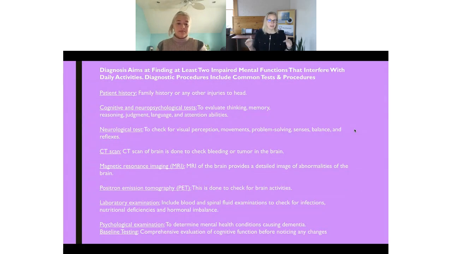And so your baseline, where your normal level is, has some of these other symptoms already involved in it. So if you start this baseline early, every other year with your doctor in your 40s, you're going to be able to catch things much sooner and be proactive about your brain health.